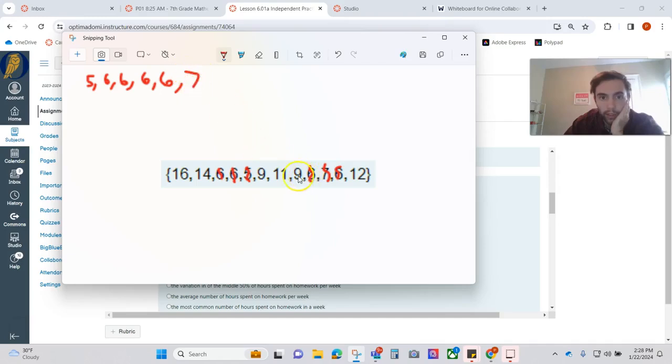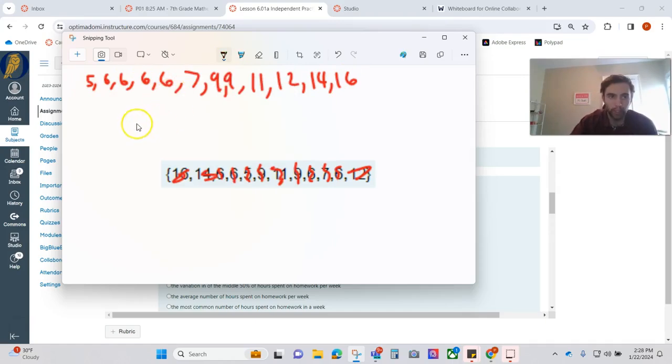Next biggest is two 9s. There's no 8. Then 10, an 11, then a 12, then a 14, and then a 16. So I still have 12 numbers: 1, 2, 3, 4, 5, 6, 7, 8, 9, 10, 11, 12.